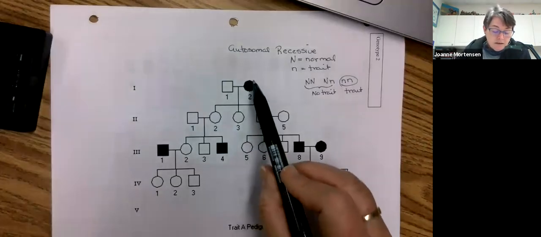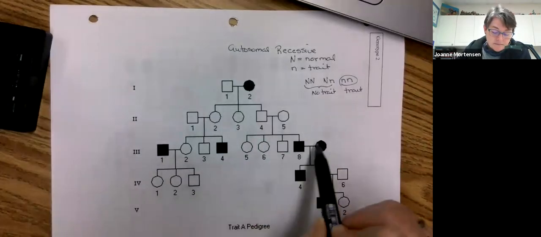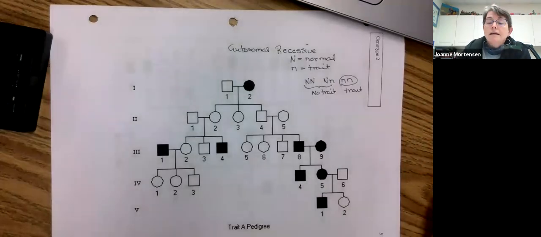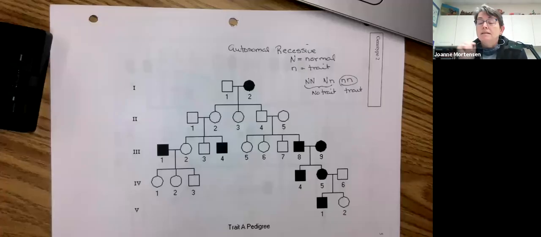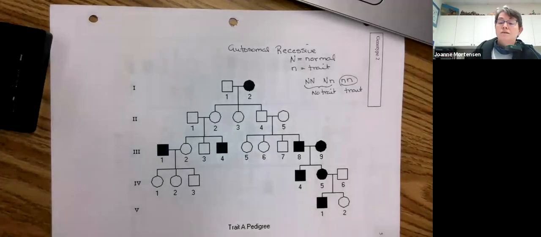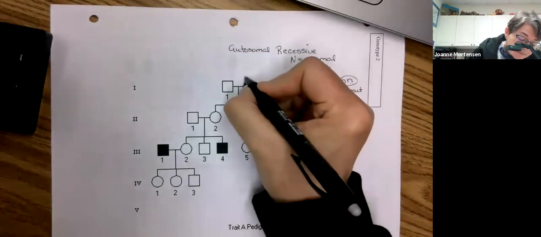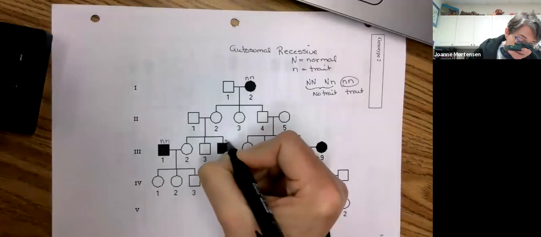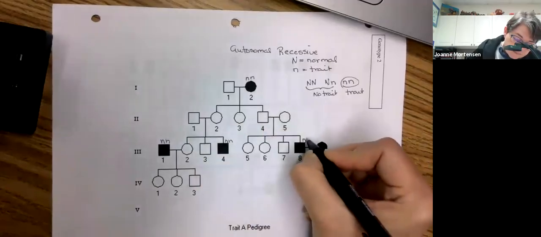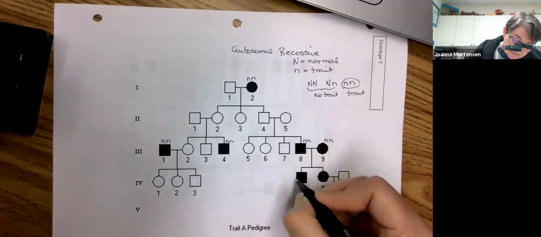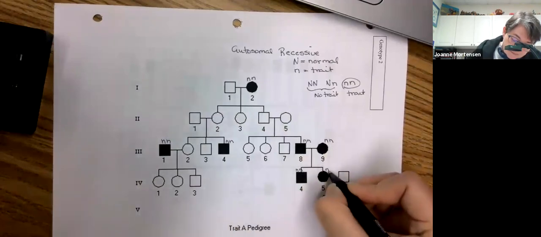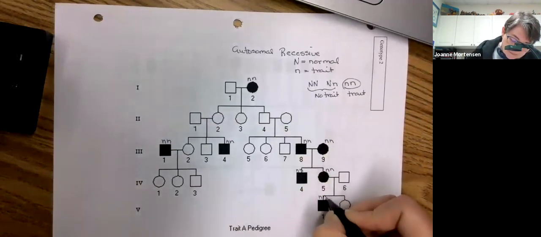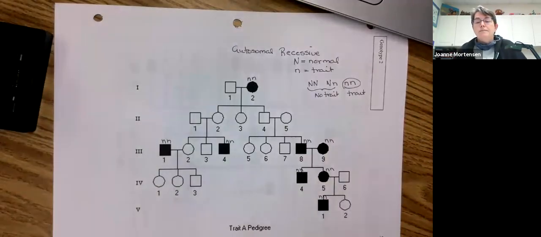All right, all these ones that are colored in, they have the trait. And there's only one genotype where the trait shows up. So I can be lazy. No, I can be efficient. All these ones all look like that.